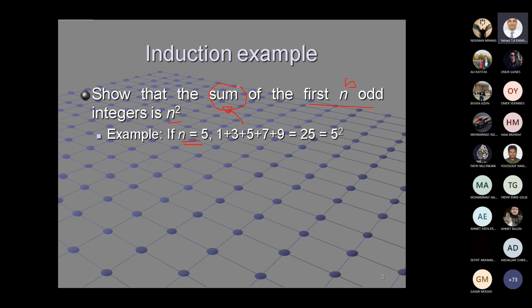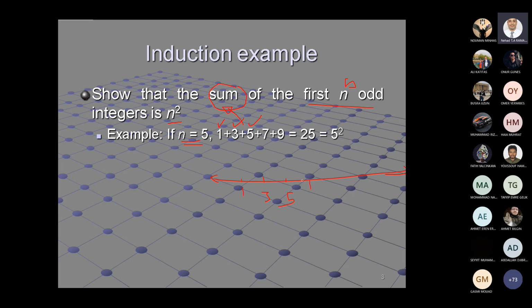Let's try. When n equals 5, the summation of the first n odd integers means 5 odd integers. Let's count 5 odd integers. We have 1, the first odd integer. The next odd integer is 3. Next one is 5.